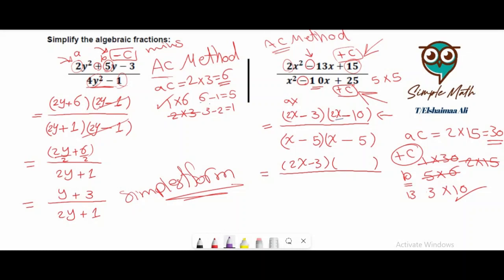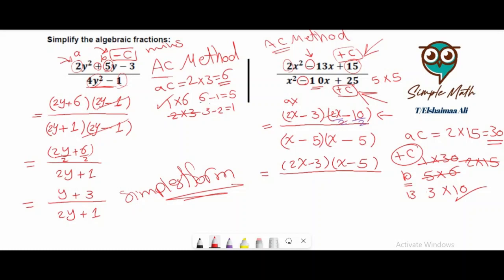So 2x divided by 2 and also 10 divided by 2 will be x minus 5. This 2 will cancel with this 2, so the rest will be x minus 5.